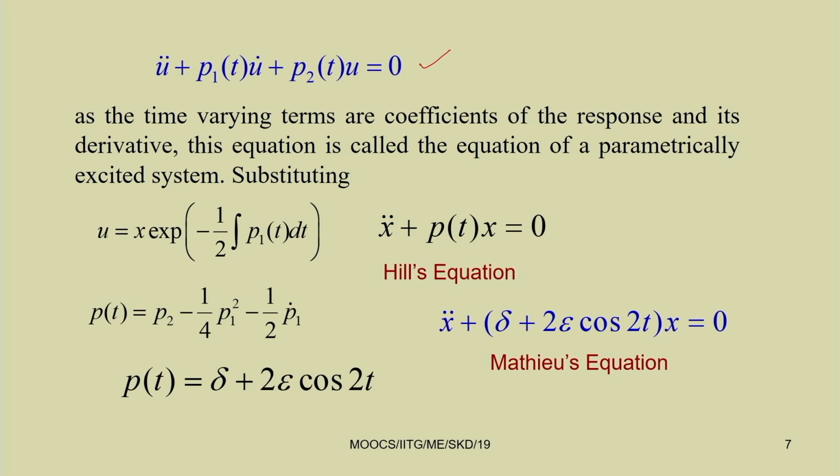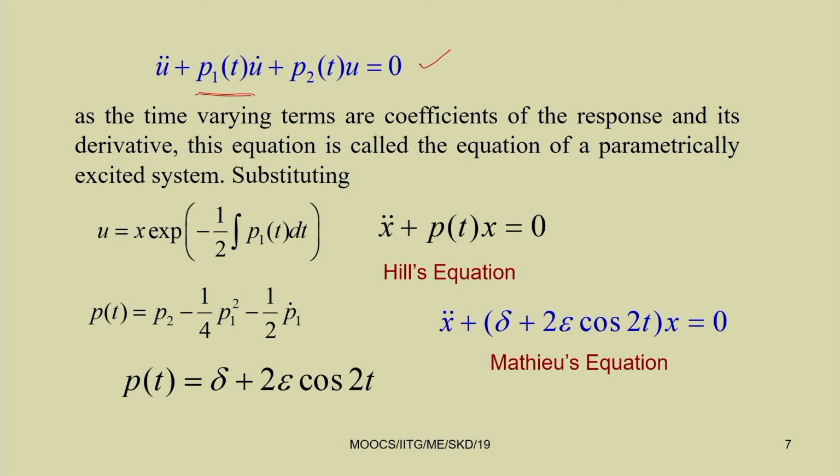You can write this type of equation, and it can be conveniently reduced to other forms. For example, if you take u equal to x e to the power minus half integration p1(t) dt, you can eliminate the damping term, that is, the u dot term.